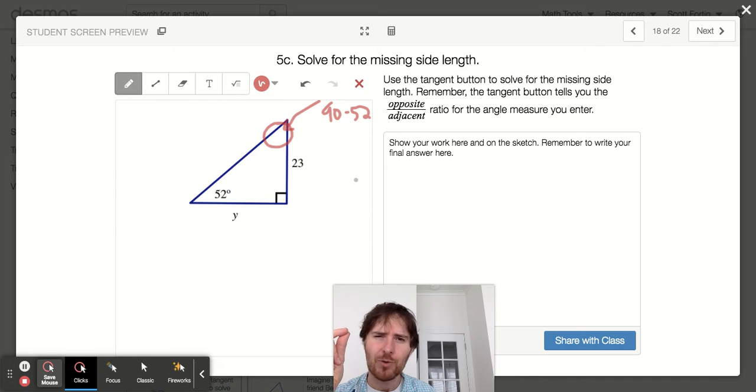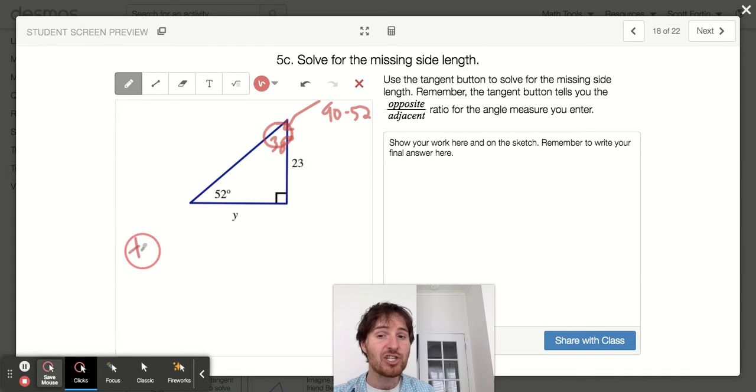That was a corollary, or was it a theorem? I don't know, in chapter 2. The acute angles of a right triangle are complementary. 90 minus 52 is 38 degrees. So my recommendation to you is, if our unknown is right here, that's our adjacent side for the 52-degree reference angle, but it's the opposite side of the 38-degree angle.